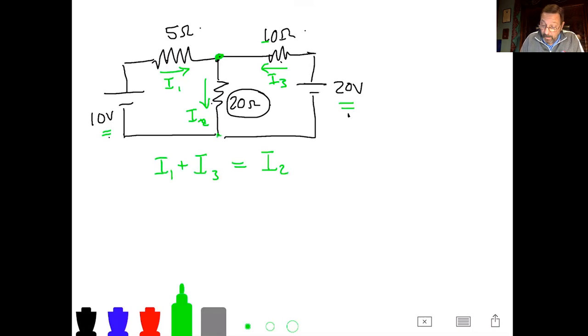And by the way, what's the current right here and the current right here? Now, I think the 20-volt battery and the 10 ohm resistor are in series, so this must also be I3. And the 10-volt battery and the 5 ohm resistor are also in series. We said in series, current is the same, so that has to be I1.